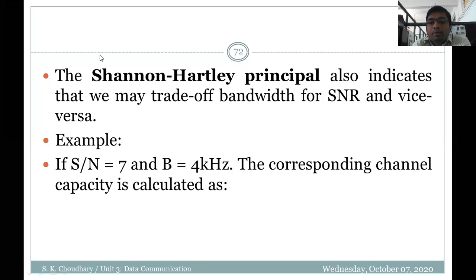Formula you have, C is equal to B log base 2 of 1 plus SNR. SNR is given as 7. Bandwidth is also mentioned, 4 kilohertz. Anyone, please tell me the answer.